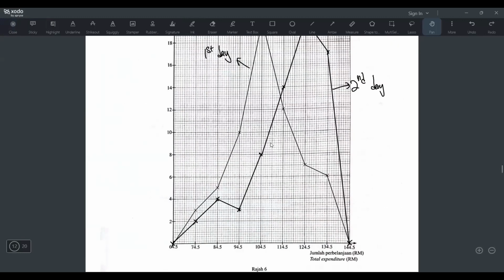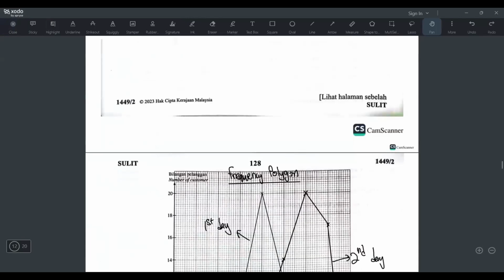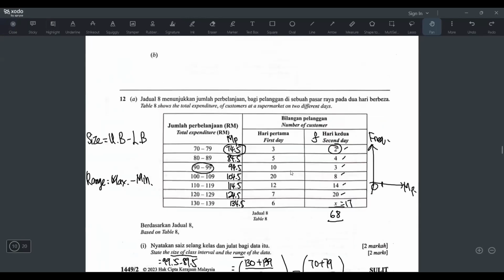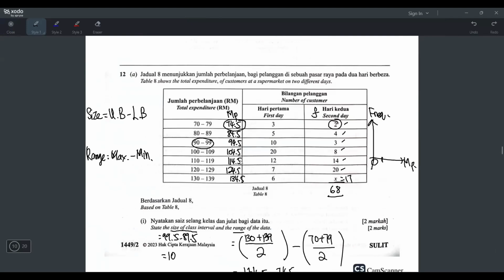Okay, you can refer your graph, but if you don't want to refer graph, you can refer the table also. Yeah, you refer the table, you can see already which day has the lebih tinggi punya expenditure. So these are all the expenditure, the RM here. So you can see that in the first day, paling banyak orang spend between 100 and 109.